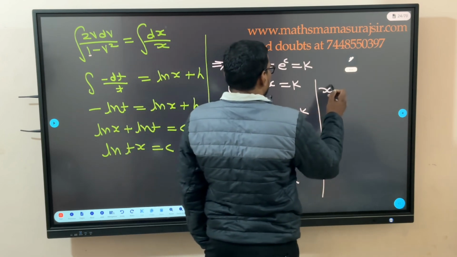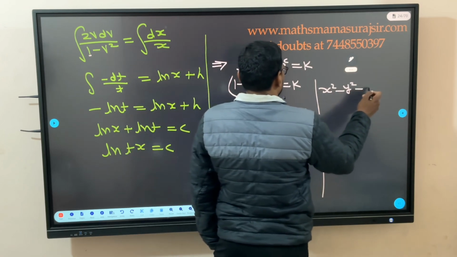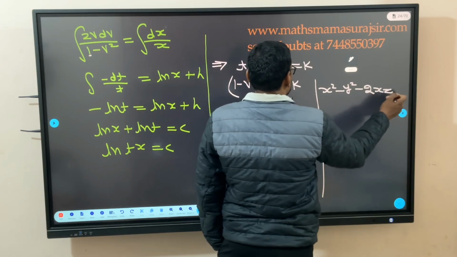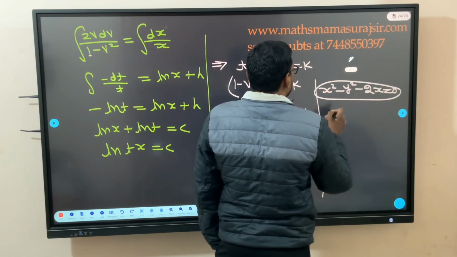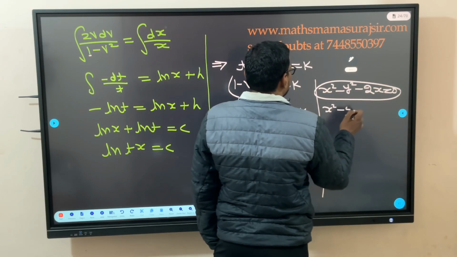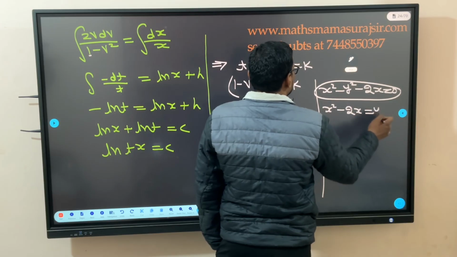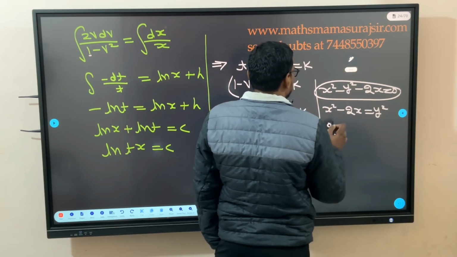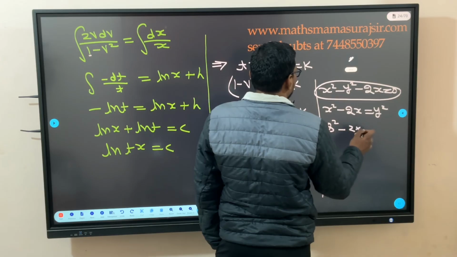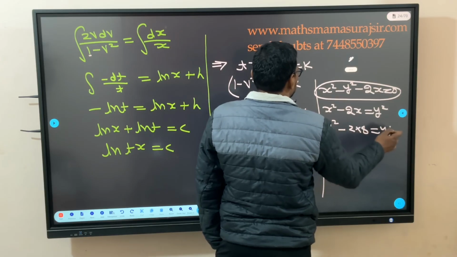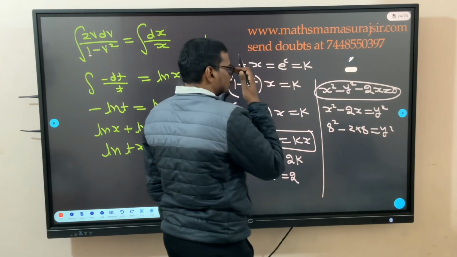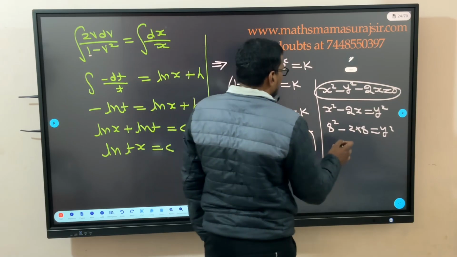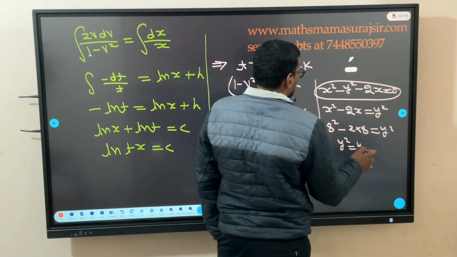So x square minus y square minus 2x equal to 0. They are asking y of 8. So x square minus 2x is y square. So y of 8 is 8 square minus 2 into 8, that is y square. So 64 minus 16, how much? 48. Y square is 48.